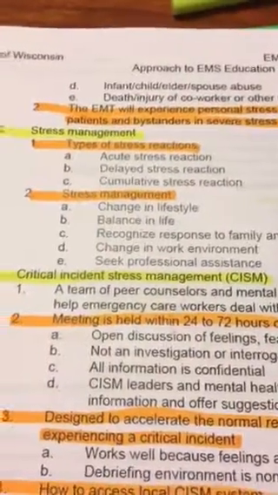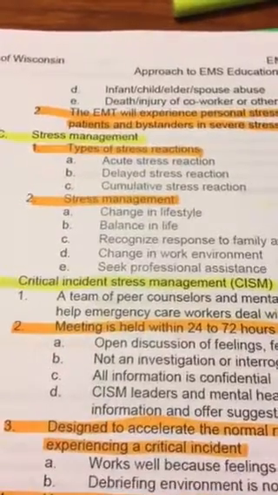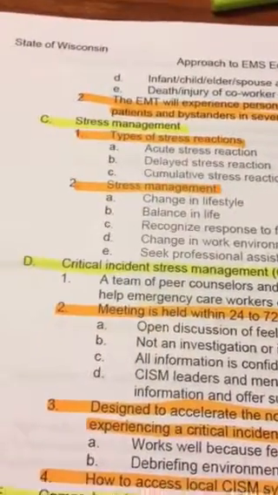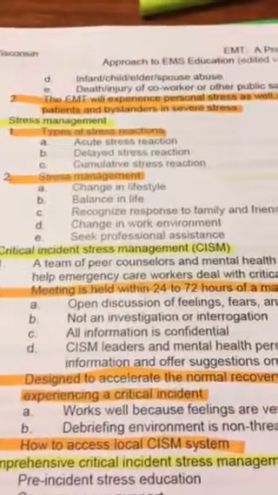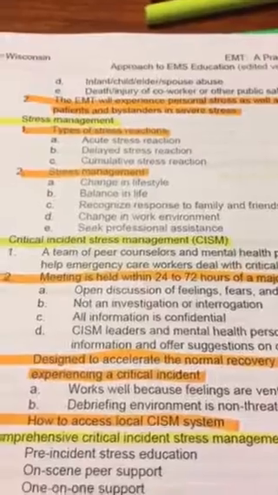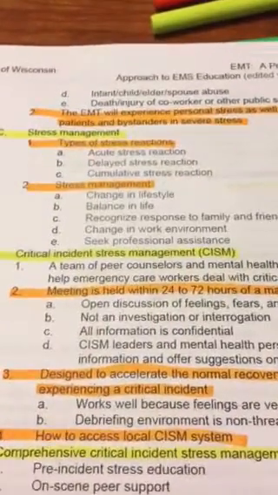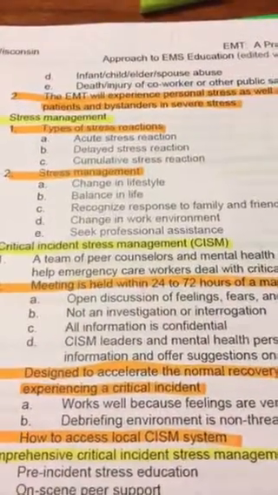So if I'm thinking about how I'm going to write a question based on these categories, any one of them would be fine, I want something that's going to be thought-provoking. I want my student to have to think critically about what these different types of stress reactions are.